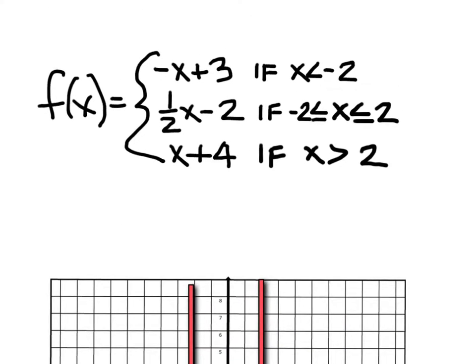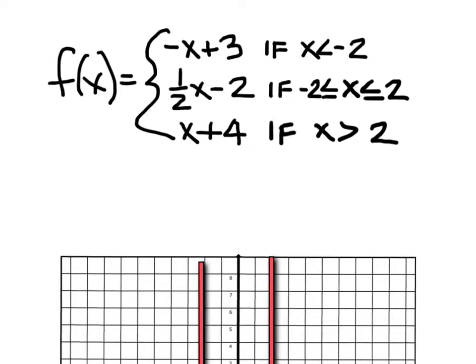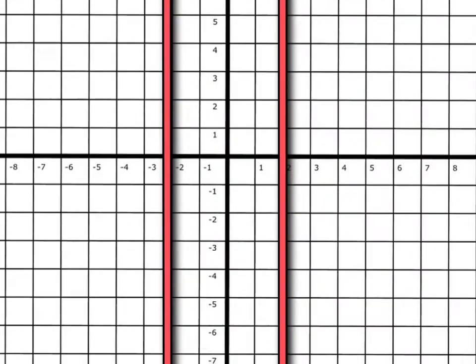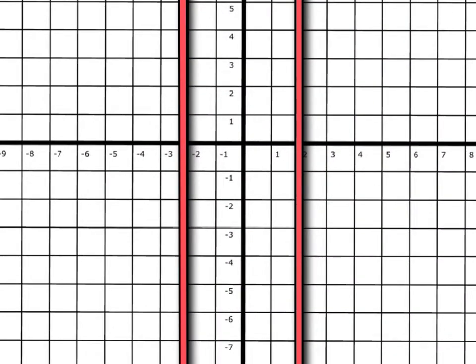And you know the first one is negative x plus 3 if x is less than negative 2. So let's find the graph of negative x plus 3. Plus 3 means it's going to cross the y-axis there if it went all the way through. And it is a negative 1 slope. So you would go down 1 over 1.